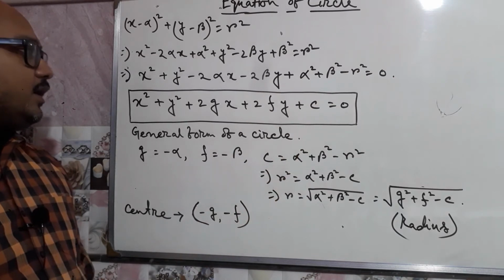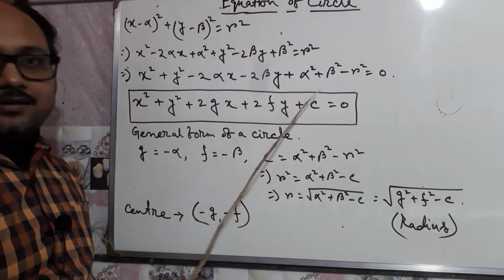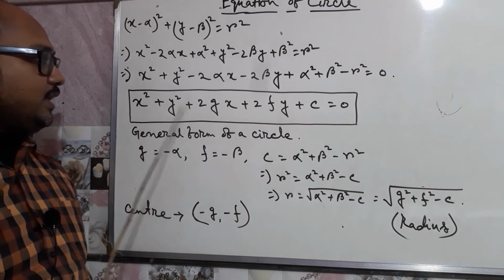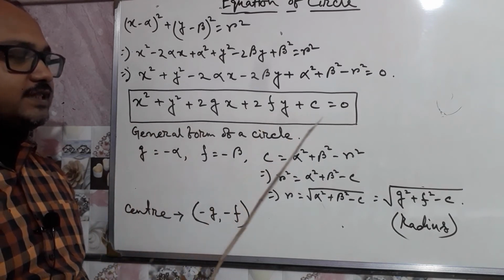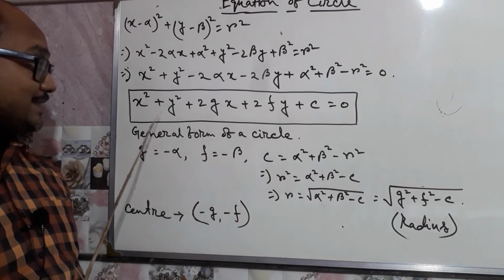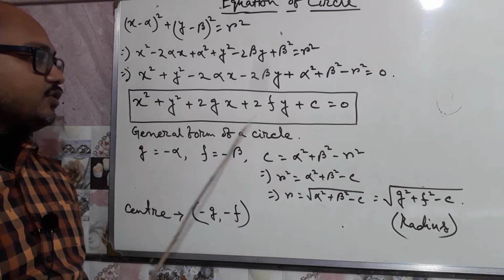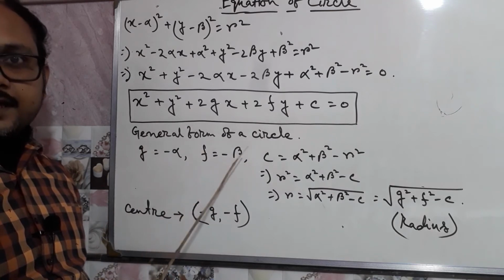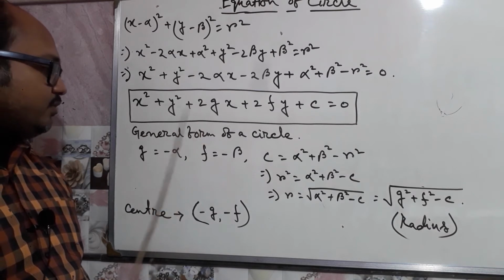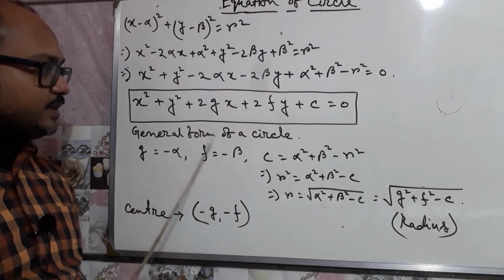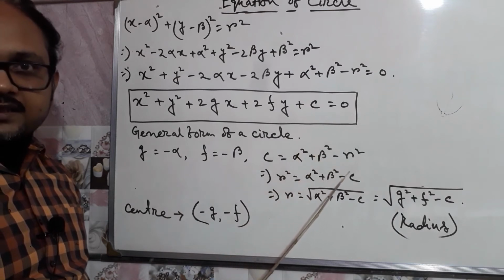Now, if we compare this equation with this form, that is x square plus y square plus 2gx plus 2fy plus c is equal to 0, which is the standard second degree equation of a circle, then you see g will be equal to minus alpha, f is minus beta, and c equals alpha square plus beta square minus r square.